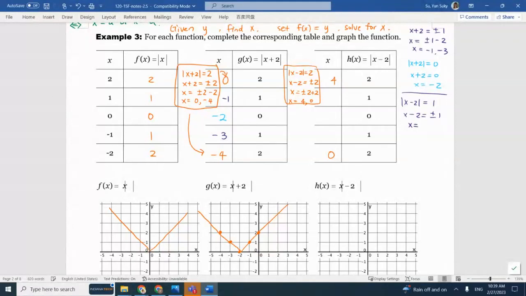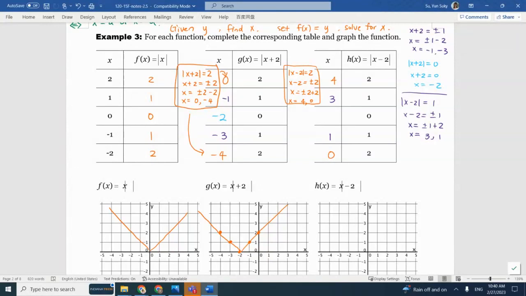And then what is x? Plus or minus 1, add 2 or subtract 2? Plus 2, yes. What's 1 plus 2? Yes, 3. And -1 plus 2? Just 1, yes. So we have 3 here and 1 here.